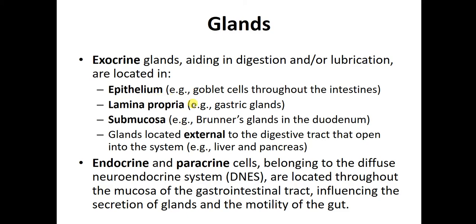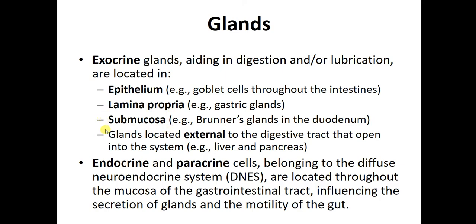Then in the lamina propria we also have exocrine glands. They are invaginations of the epithelium lining into the lamina propria. Examples of this are gastric glands, and also in the colon we have these glands, which are very deeply located in the lamina propria.